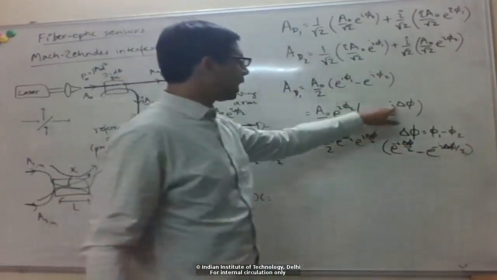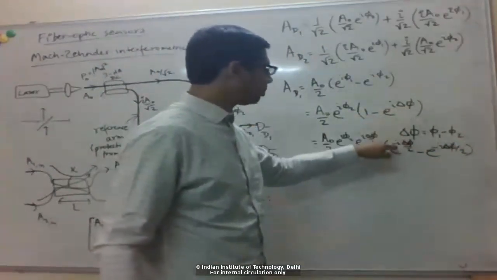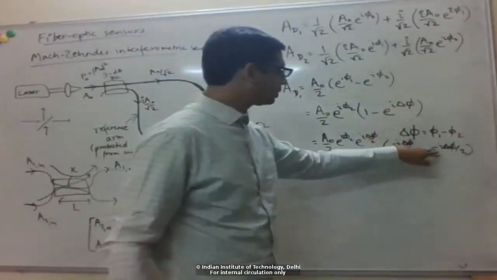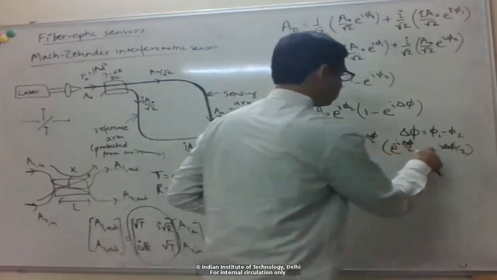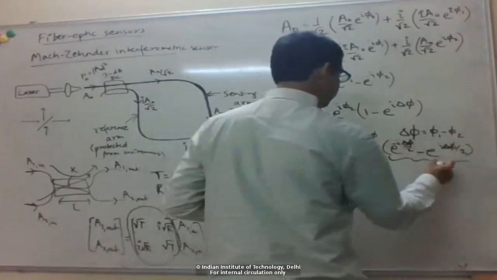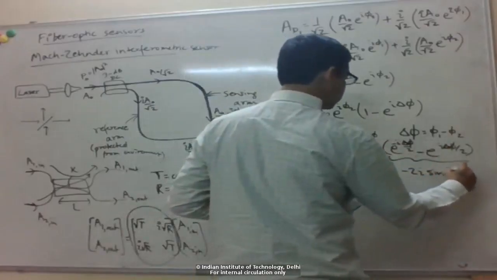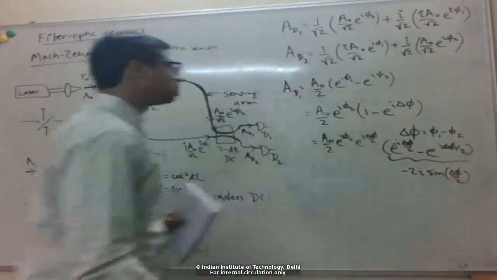If I take e raised by i delta phi by 2 out common from here, in the brackets I'll get e to the minus i delta phi by 2 minus e to the plus i delta phi by 2. So this basically you can see is sine delta phi by 2.